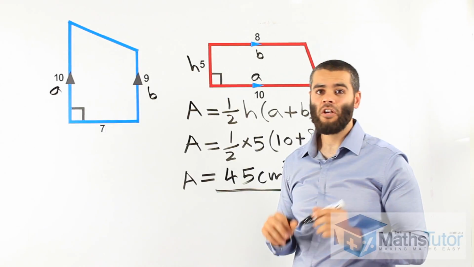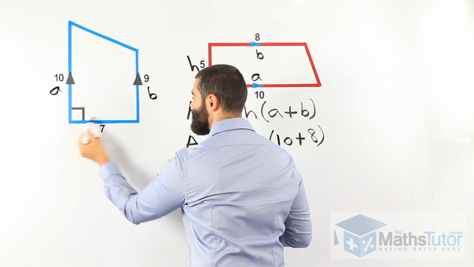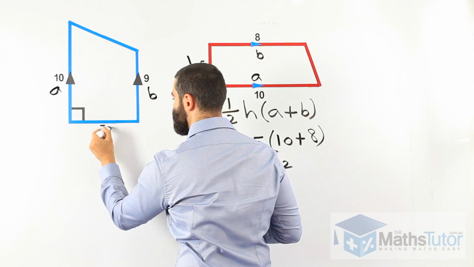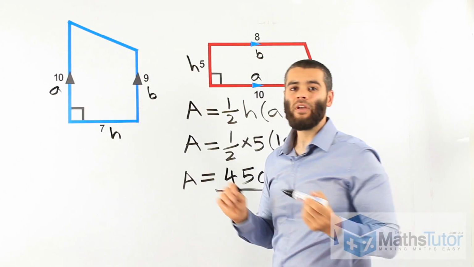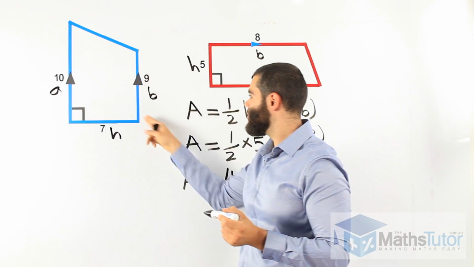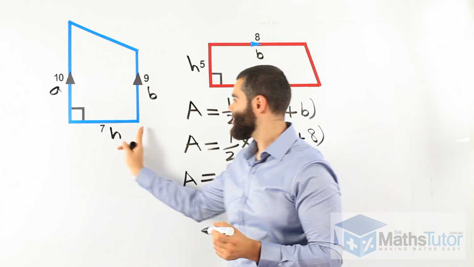And where is our height? We know the height is the distance between the two parallel lines. There it is. Our height is 7. Now we identified our height, A here and B there. We know straight away these are the parallel lines and this is our height.